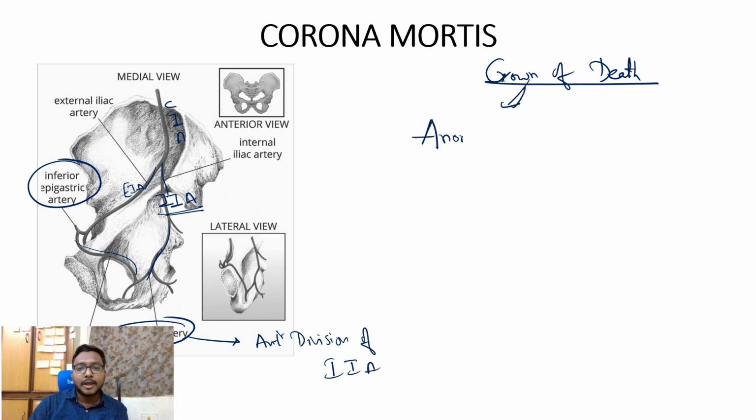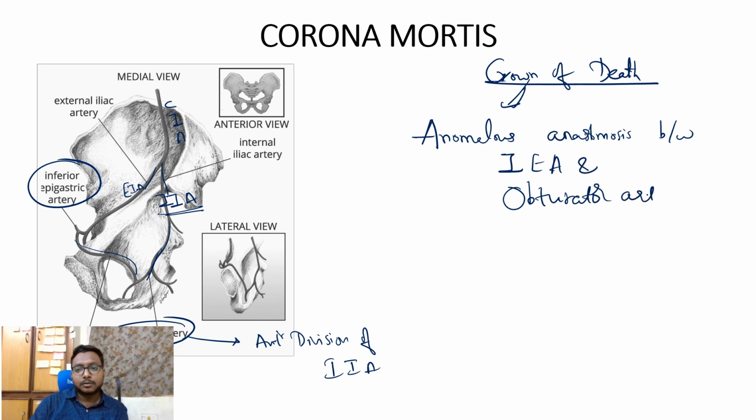It is nothing but, in few people you will see this anomalous anastomosis between inferior epigastric artery and obturator artery. Okay, I'll just simplify it here. This is the abdominal aorta, this is common iliac artery, this is internal iliac artery, this is external iliac artery.